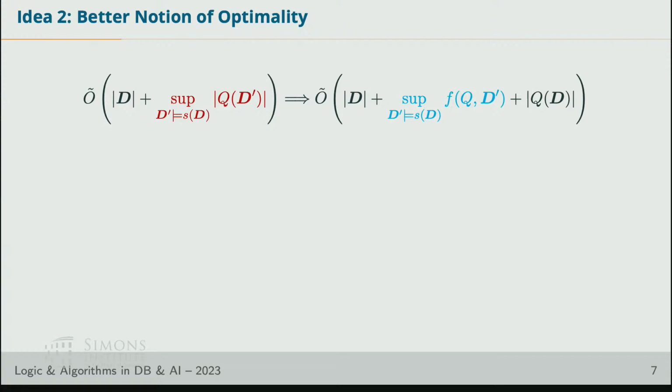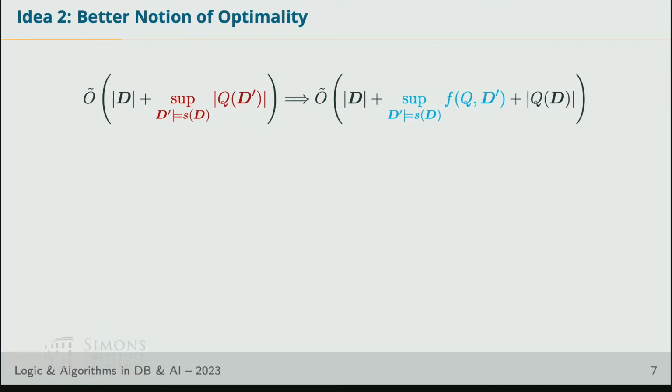If we chose this function to be this, then we fall back to that. But in some cases, this function could be a lot more refined. It could be anywhere between 1 and that quantity. And depending on the query, obviously this is a function of the query. So this is what we are aiming for.